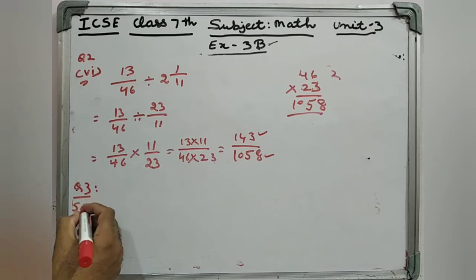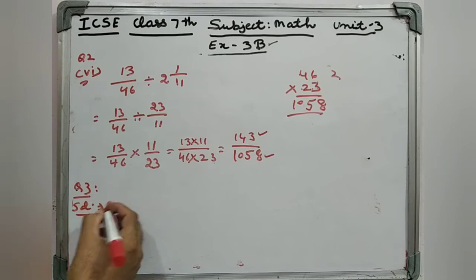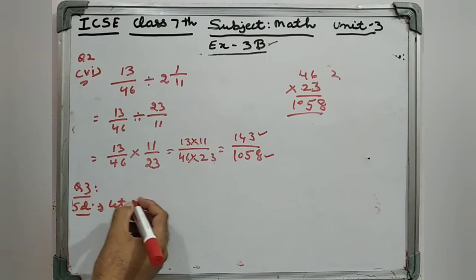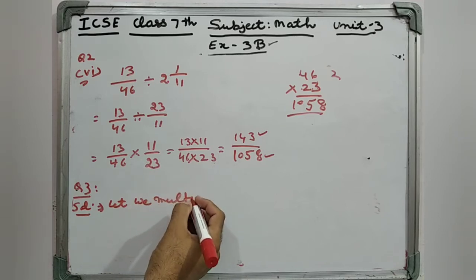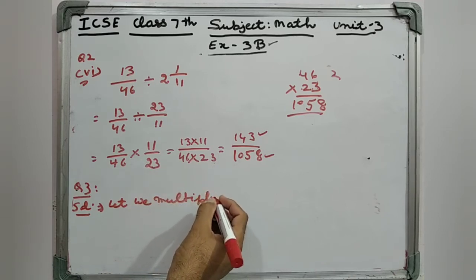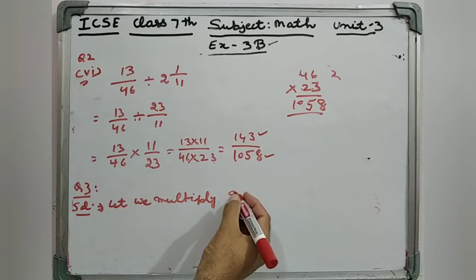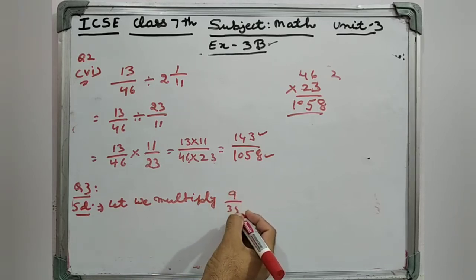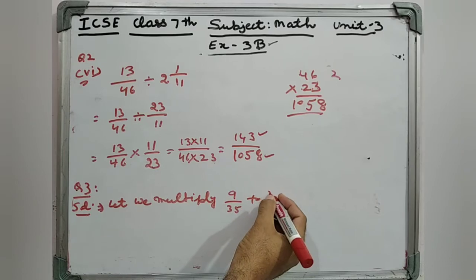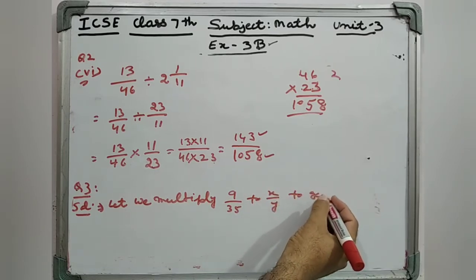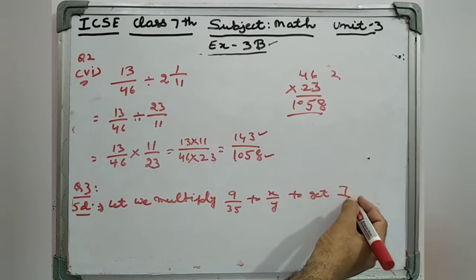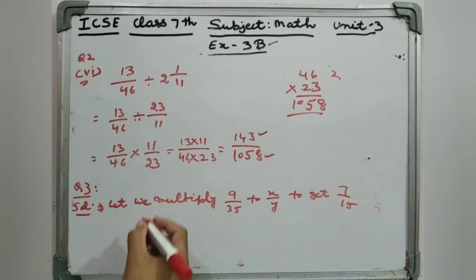The solution is here. Let us multiply 9 by 35 by x upon y to get 7 upon 15, right?